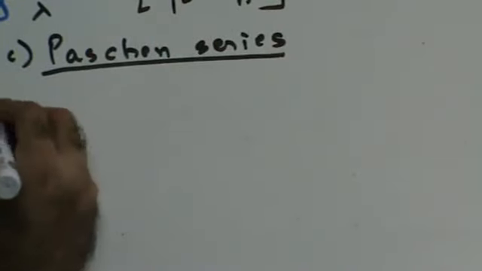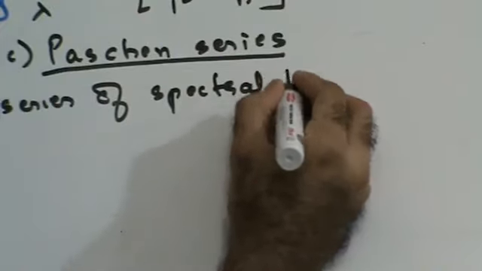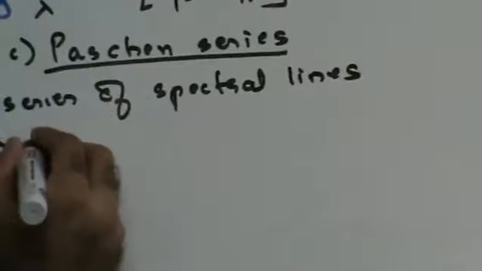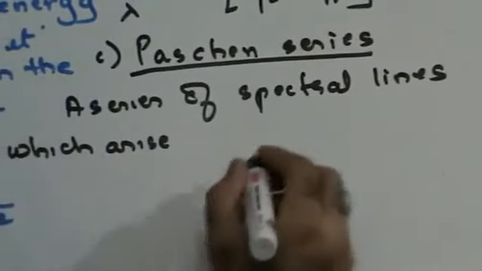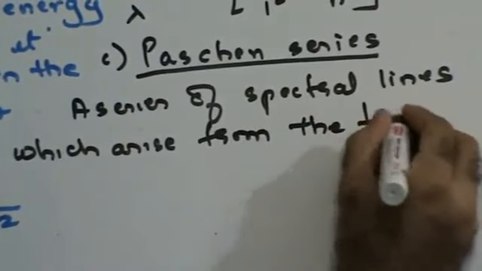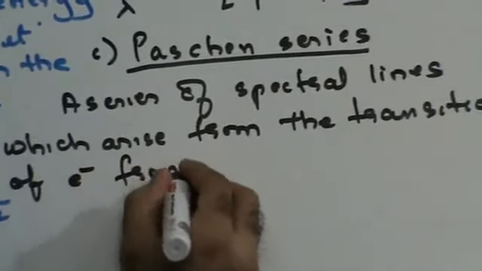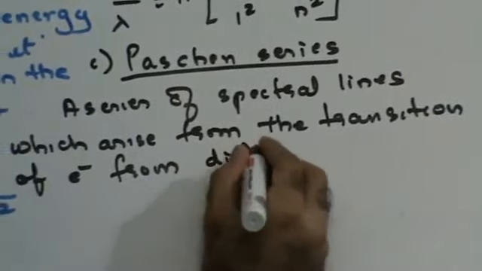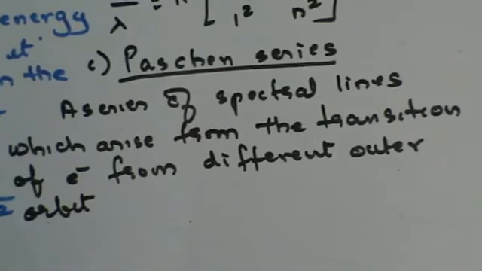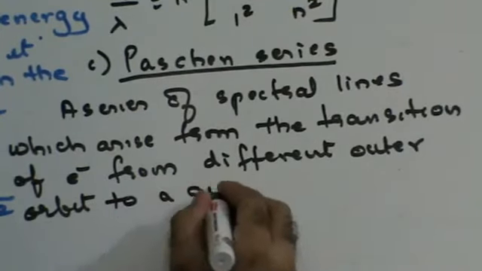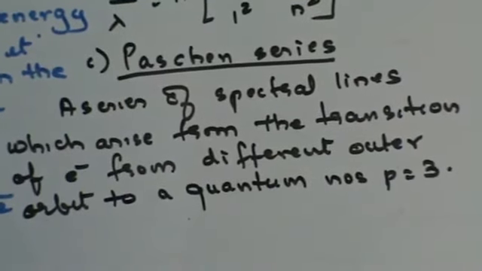So I can say that a series of spectral lines which arise from the transition of electrons from different outer orbits to a quantum number p is equal to 3 is called Paschen series, right?